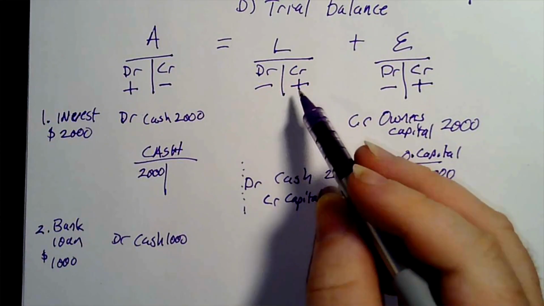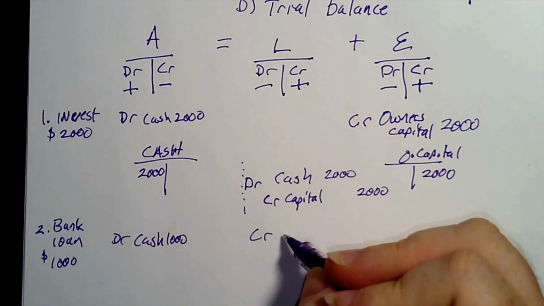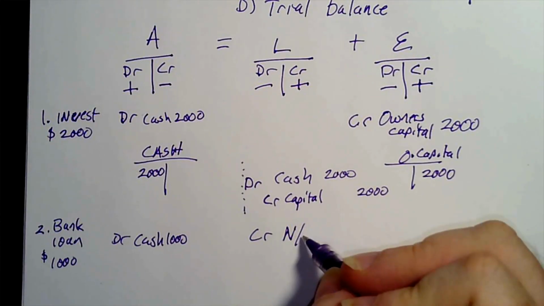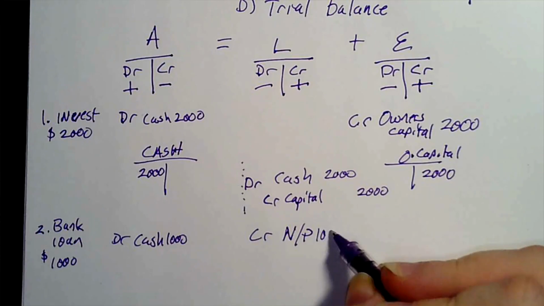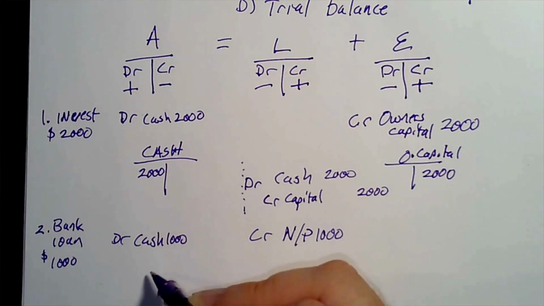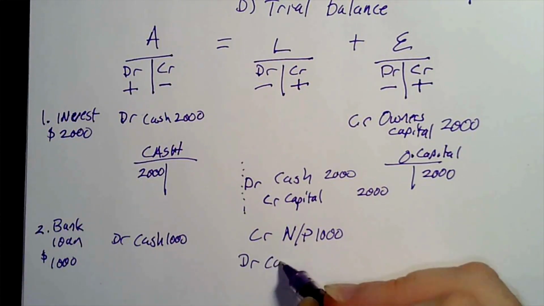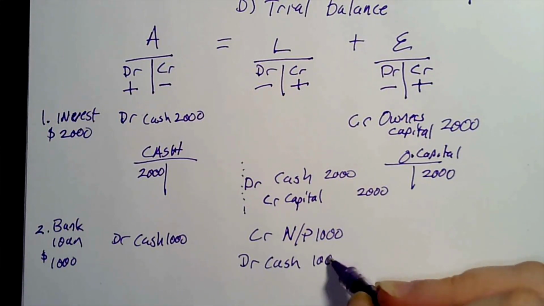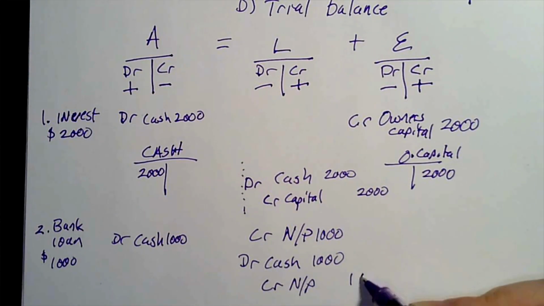And an increase to a liability is a credit, and that would be a bank loan. And instead of calling it a bank loan, let's call it the proper accounting term, and that would be a note payable. And that would be also 1,000. If I were to put this as a journal entry, it would be debit cash 1,000, credit note payable 1,000.